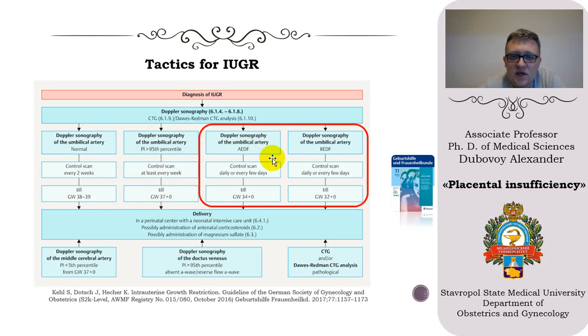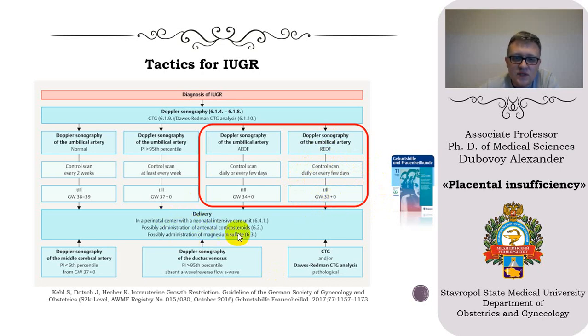Doppler sonography with absent end diastolic flow, control scan daily or every few days till 34 weeks, and reversed end diastolic flow, control scan daily or every few days till 32 weeks of pregnancy.